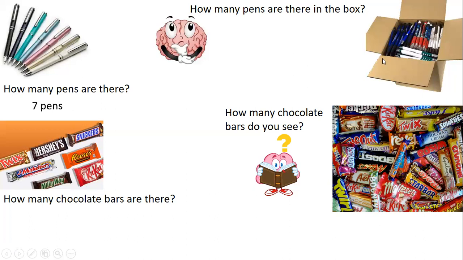It's hard. You may tell me maybe there are 20 pens, maybe there are 5 pens, maybe there are 50 pens. Somebody might tell me maybe there are 80 pens. So we do not know exactly how many pens we have in this box.